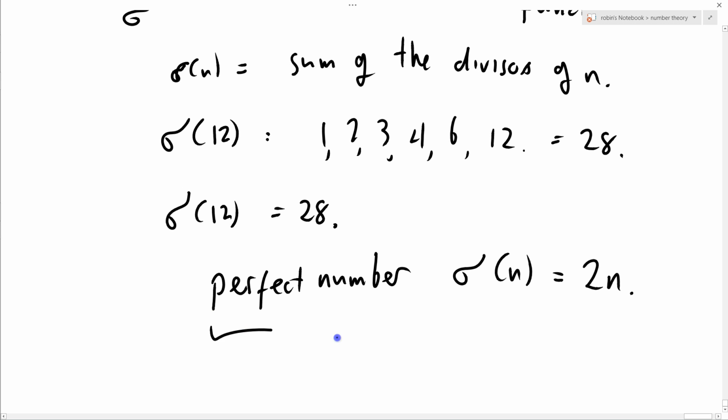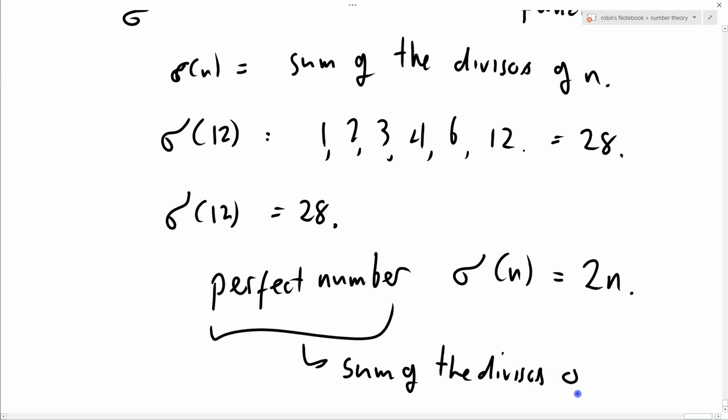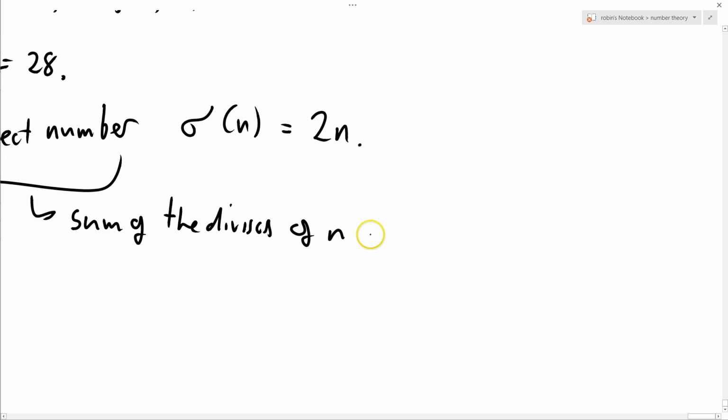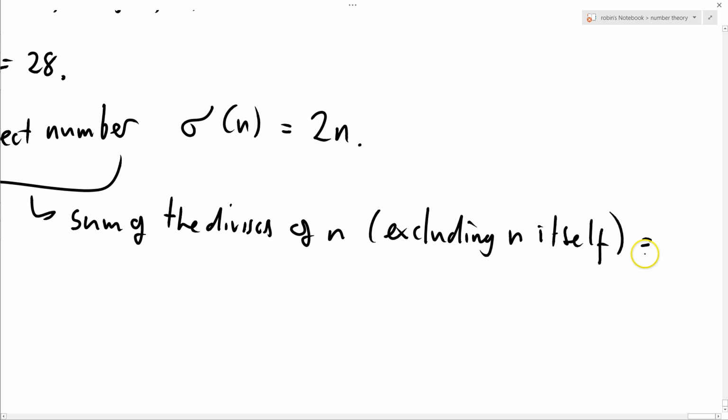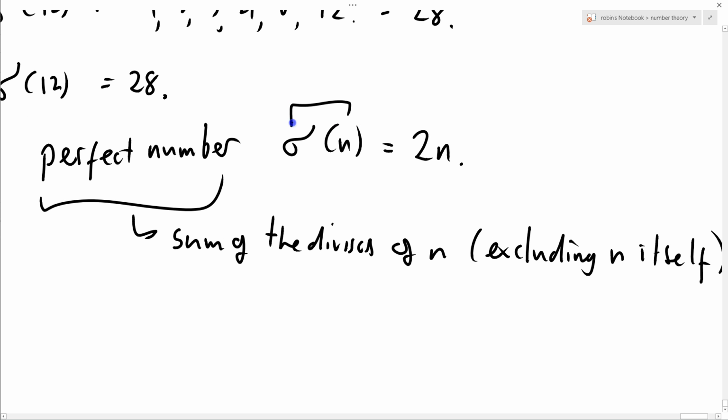Because for a perfect number, n is perfect if the sum of the divisors of n, excluding n itself, equals n. And sigma of n, for good reasons as we'll see in a few minutes, includes n itself, so it has an extra n in there, so there's 2n.